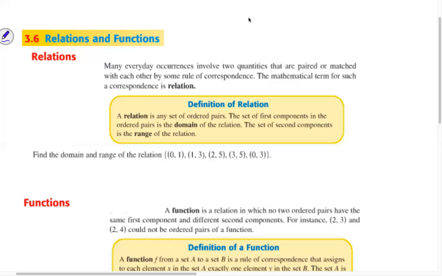Now, find the domain and range of a relation. Well, that's easy. Watch this. Domain is all of your X values, which are all of these first terms here. So ready? Your domain is 0, 1, 2, 3, and 0. That's it. Nice and easy. Meaning your range are all of these second terms.